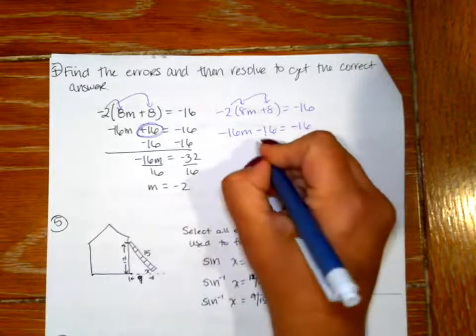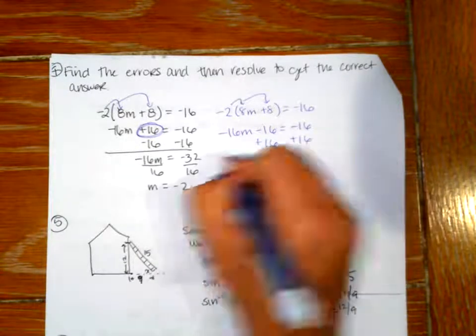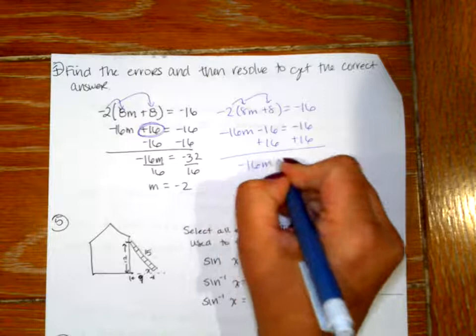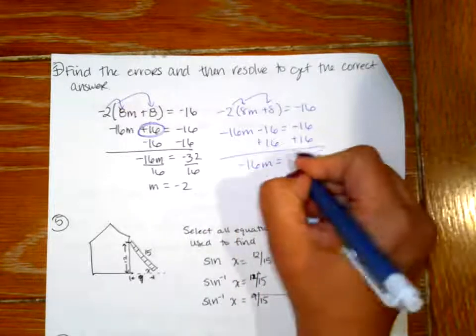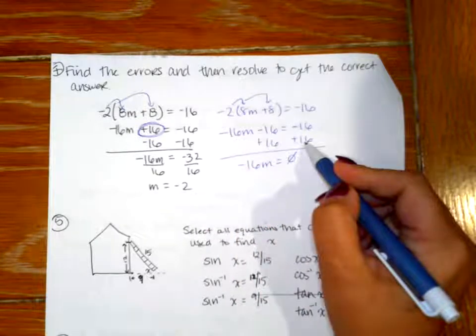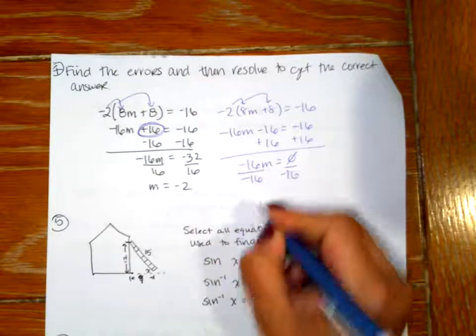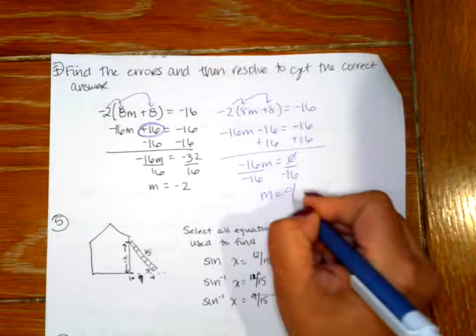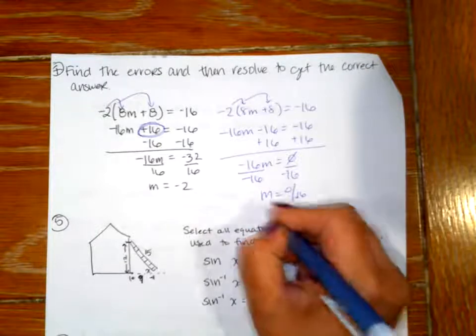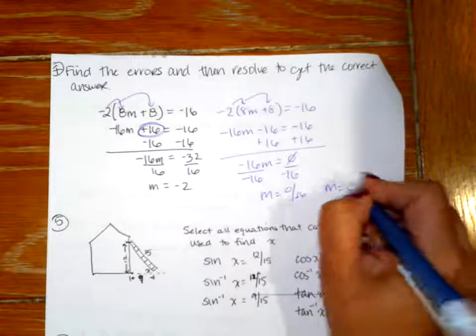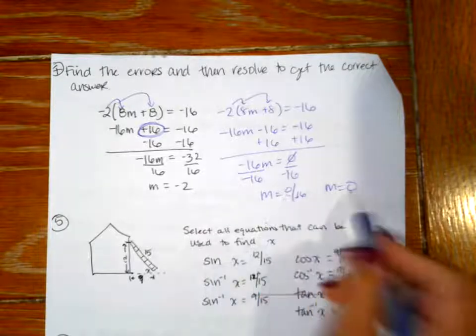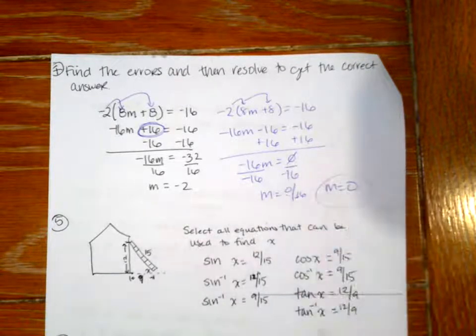I'm going to add 16 to both sides. Negative 16m is equal to 0. Right? I'm not done yet. Divide both sides by negative 16. You want to get m by itself. And m is equal to 0 over negative 16, which is just 0. Remember, a 0 on top of a fraction is just going to be 0. So in this case, m equals 0.